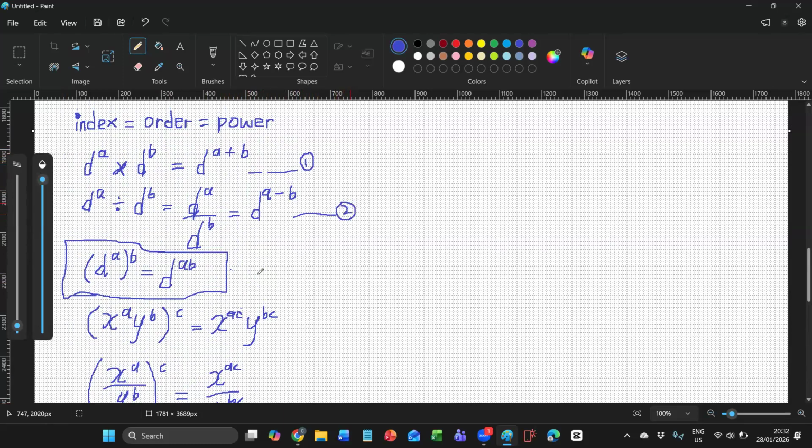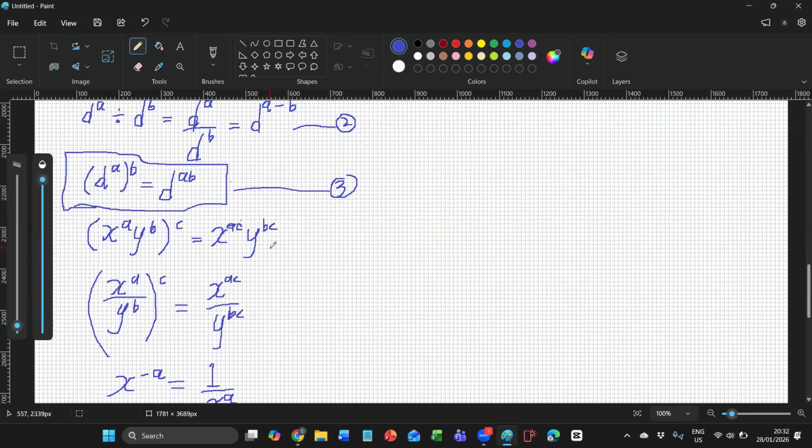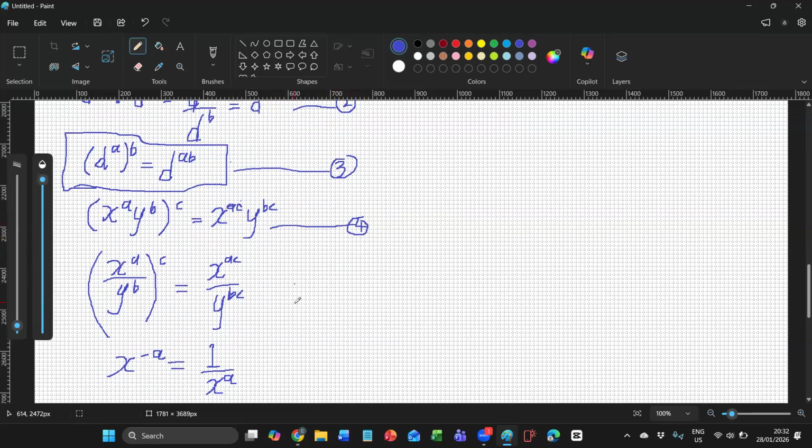So when I apply it, I'll tell you the law I'm applying. This is law 3. Now, it may not be 3 in another textbook. This is just my own numbering. This is law 4. This law 4 is more like an extension.